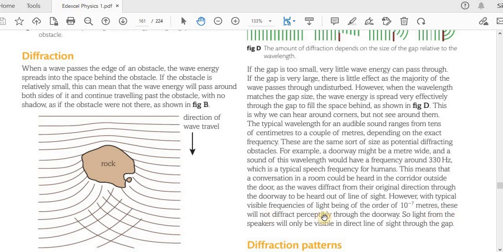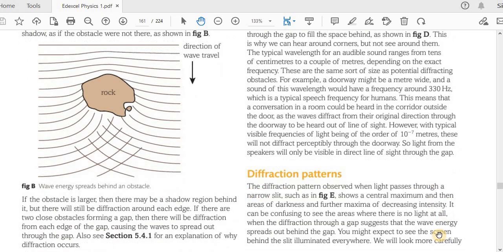So light from the speakers will only be visible in direct line of sight through the gap, and light travels in straight lines.